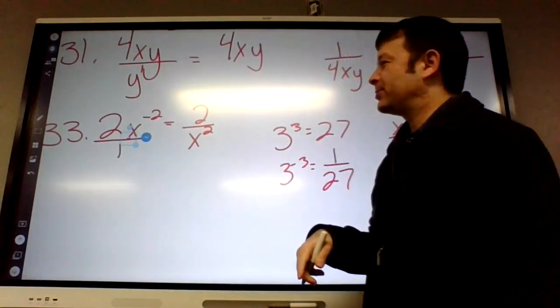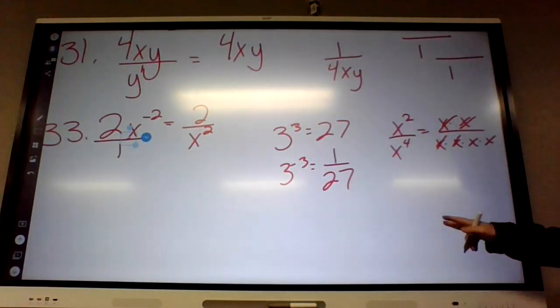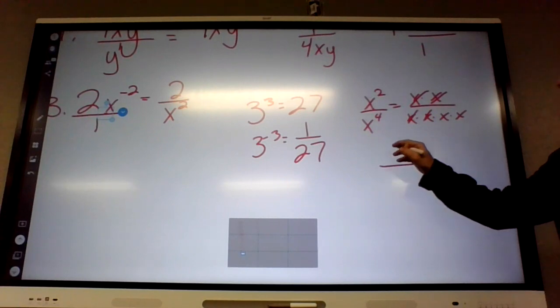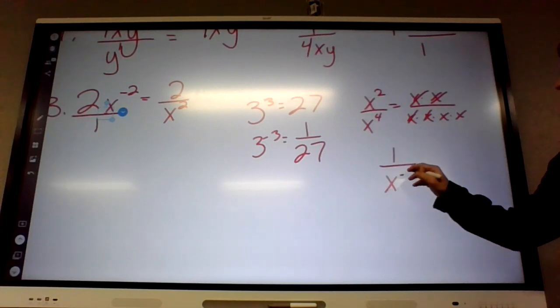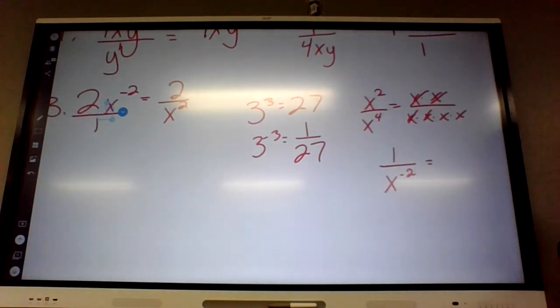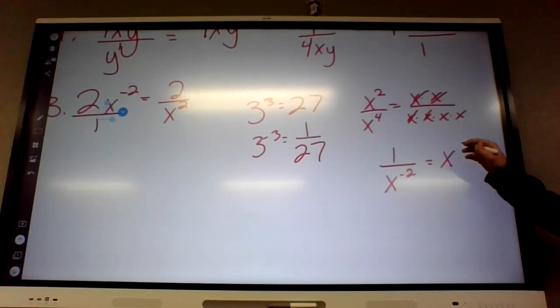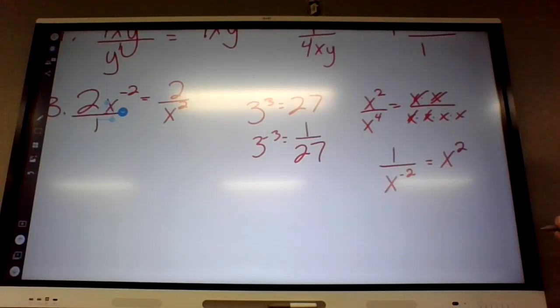So now x squared is in the denominator. Now, I don't think this is going to come up today, but what do you think this would turn into? X to the second over 1 or just x to the second? Yeah, it flips again. The negative exponent just flips it and it becomes positive.